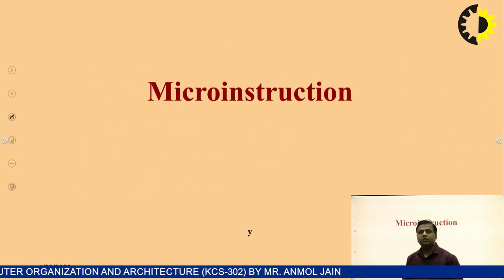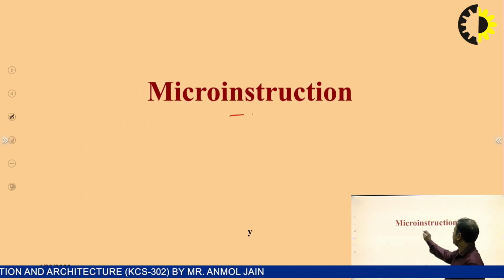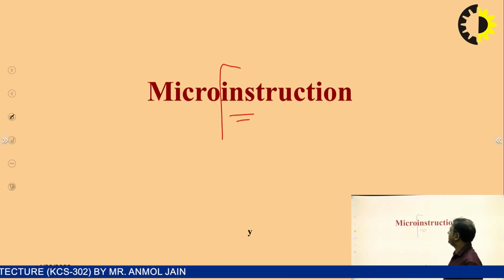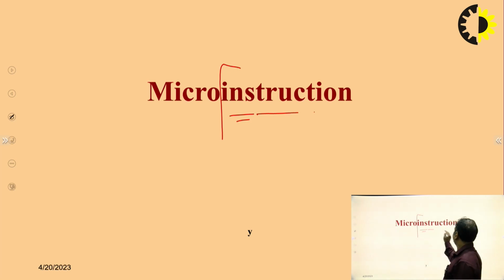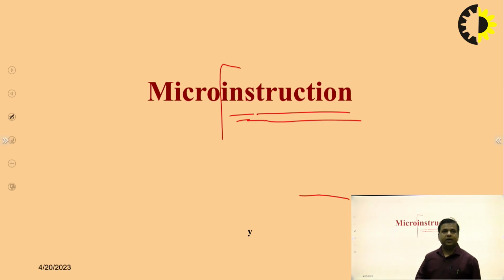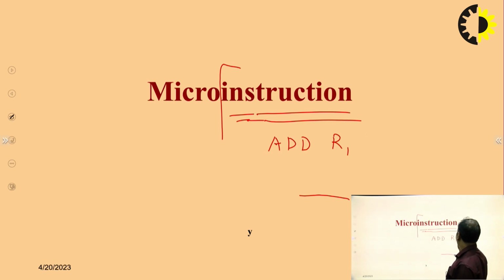Next, now we come to the next important word, that is the micro instruction. This is made from two words, one is micro and second is instruction. That means this is a part of the instruction. Suppose we are adding two numbers, add R1 comma R2. This is an instruction, right?